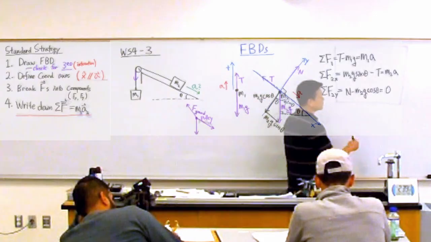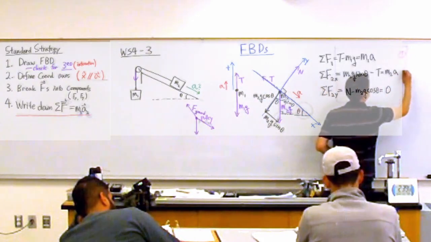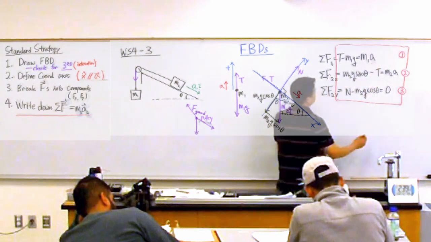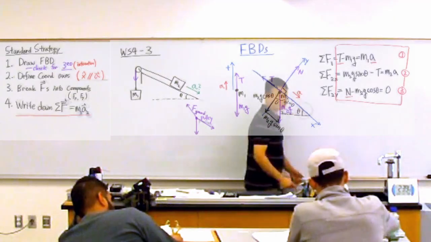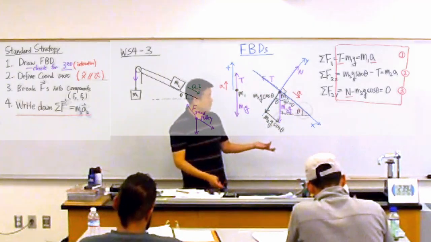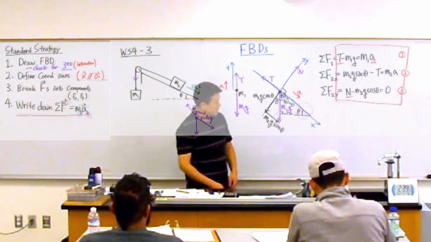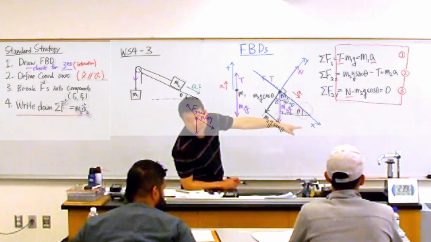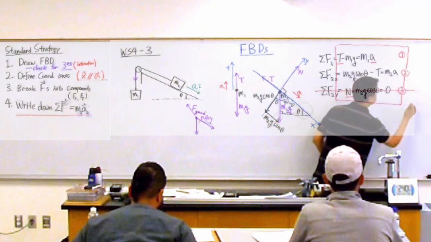Let me start with the simple check that we always do. I have 3 equations, and I have 3 unknowns: acceleration, tension, and normal force. Since the question isn't asking for normal force, I'm going to ignore this equation.